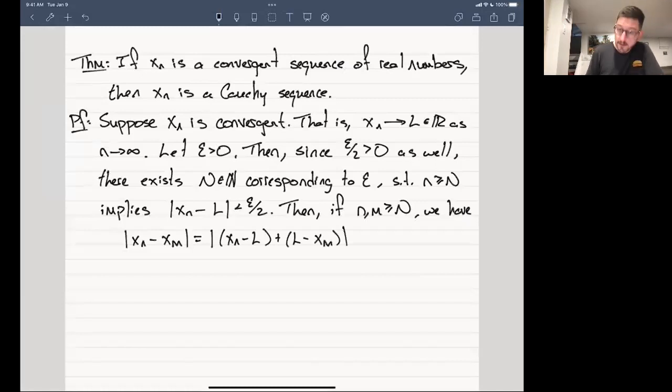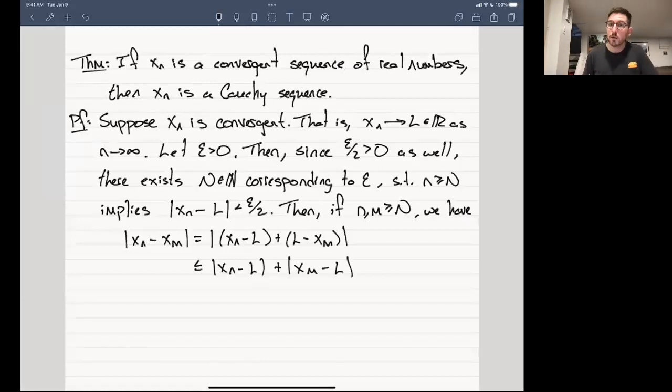I added and subtracted. So if you manipulate that, you see the L completely disappears. But now we use the triangle inequality from last lecture. So this would be maybe A, this would be maybe B. And so then I can say this is xn minus L in absolute value plus xm minus L in absolute value.